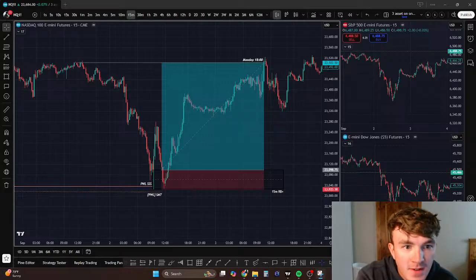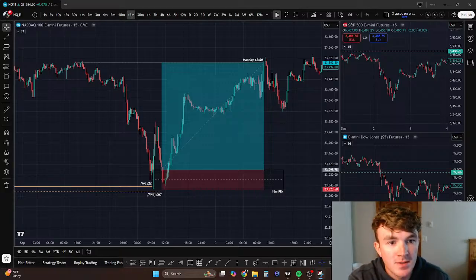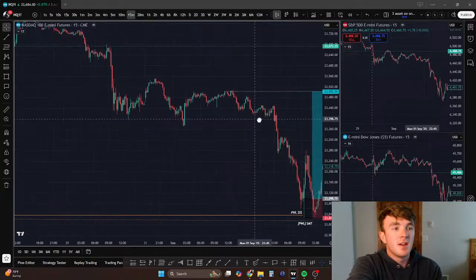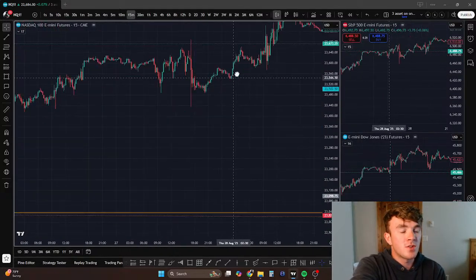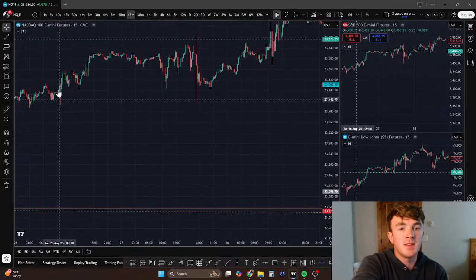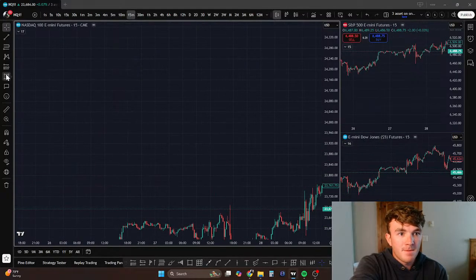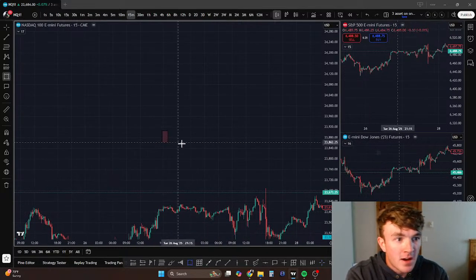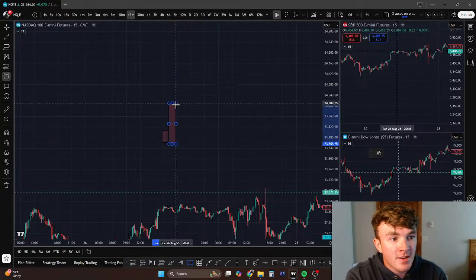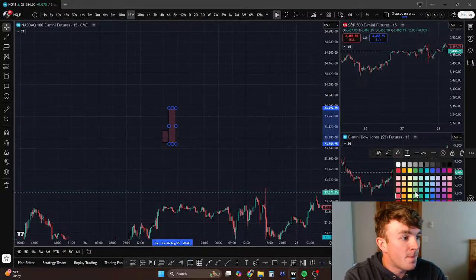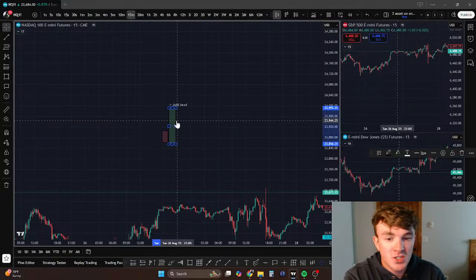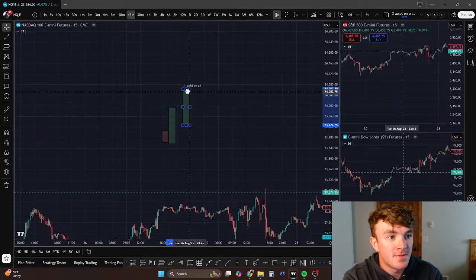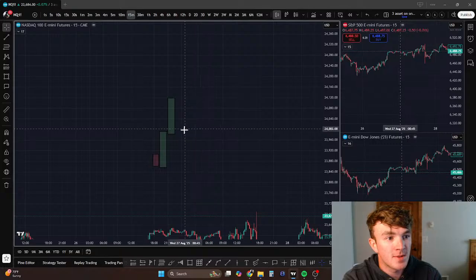Can you tell me how to find strong OB by giving some examples on the chart? Yeah, for sure, bro. So strong OBs are going to be whenever a down close candle comes before a giant move higher, right? If it's a really obvious giant move higher, those are going to be the strongest OBs.